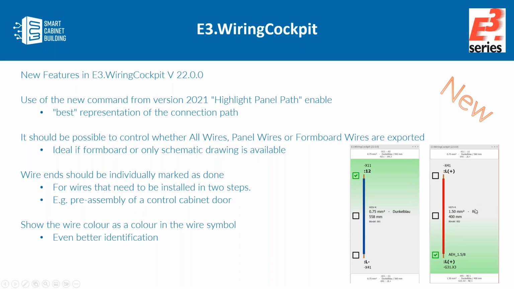This was the existing function, and now the wire color, in the old versions, it was only in a light gray. You have to see the color in this naming, and now we have also a visible color in this wire, so this is much easier to understand and to see. The blue is really blue. The blue wire is shown in blue.